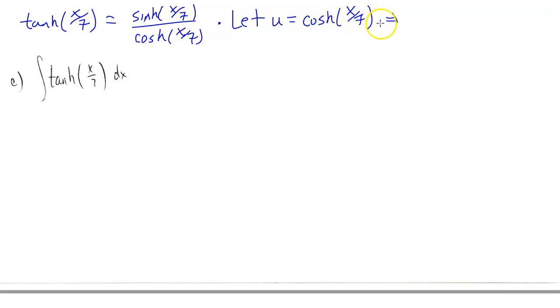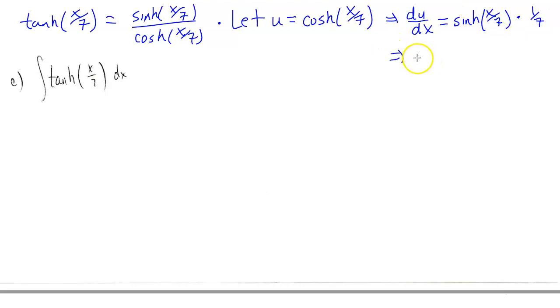And so that's going to imply that the derivative of u with respect to x is just going to be sinh hyperbolic of x divided by 7 times a derivative of the inside function, which would be 1/7.